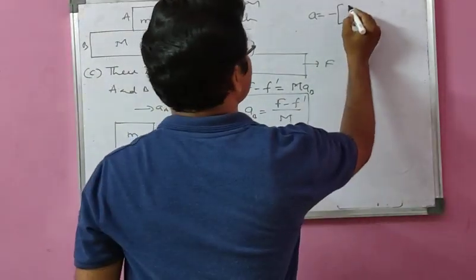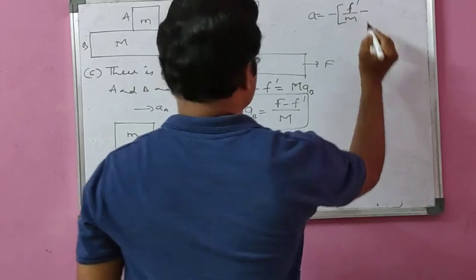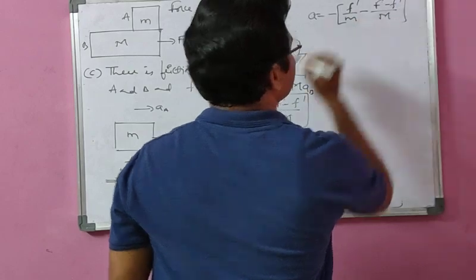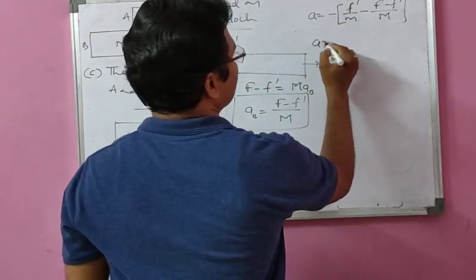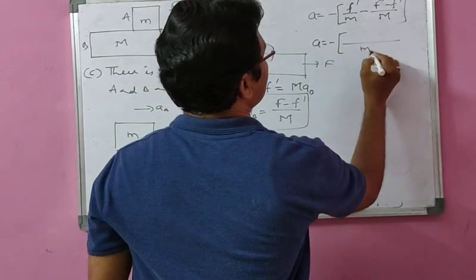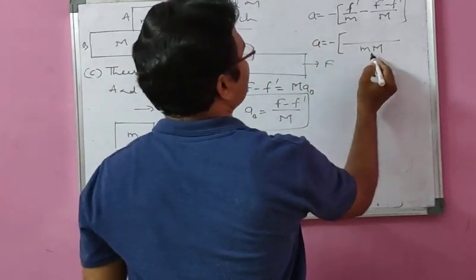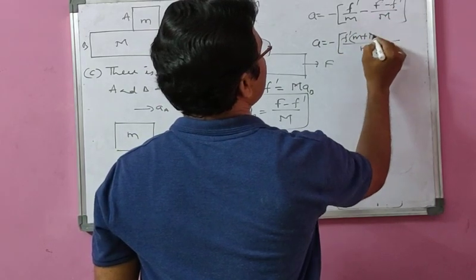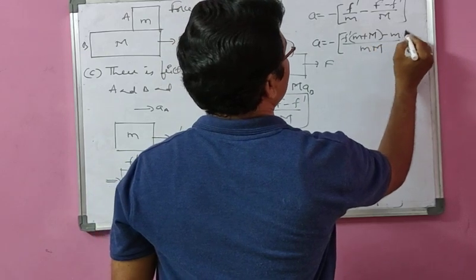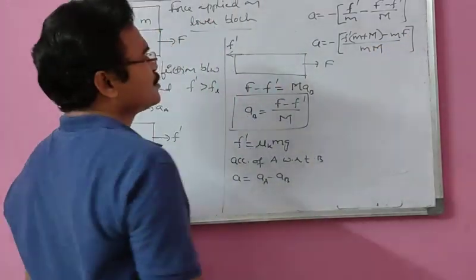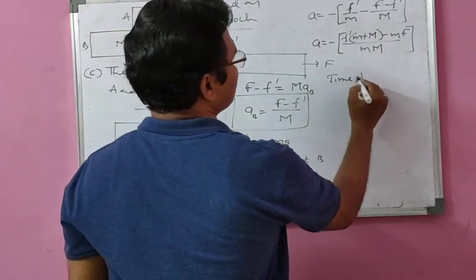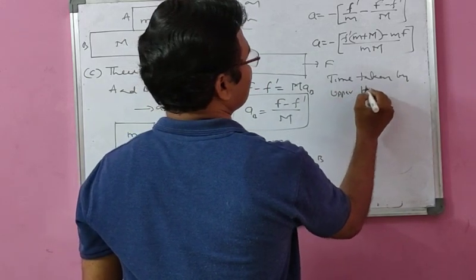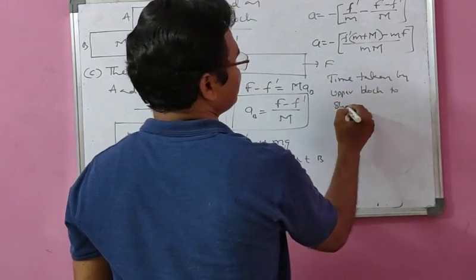So A is minus of F dash by small m minus F minus F dash by capital M. Taking F dash common, you get M plus capital M, minus capital M F here. Okay, so then the time taken by the upper block to slide off.